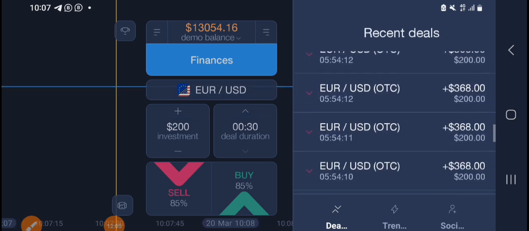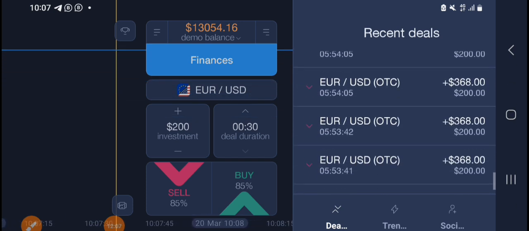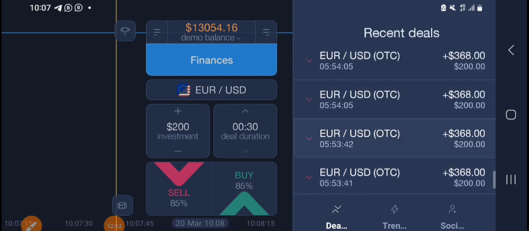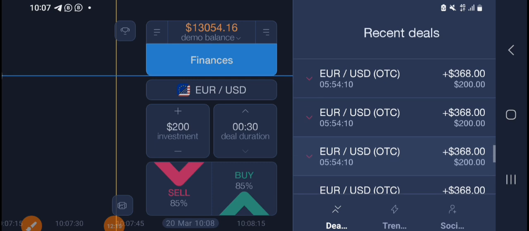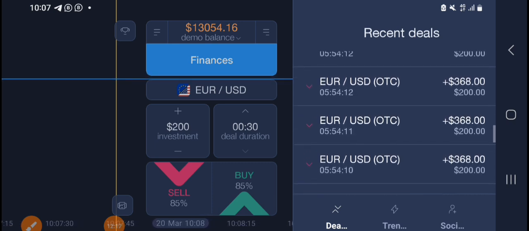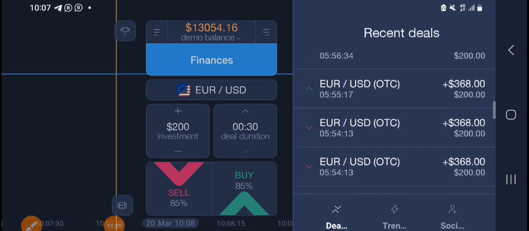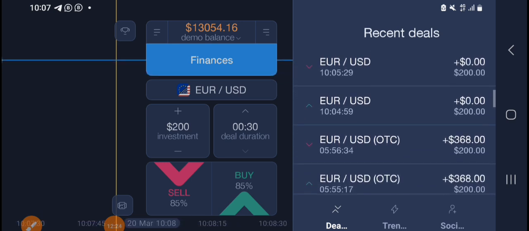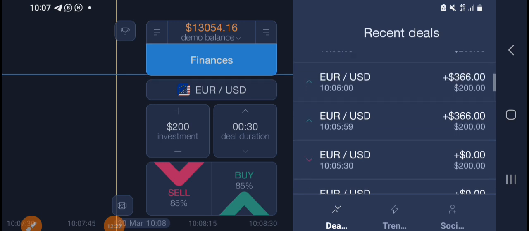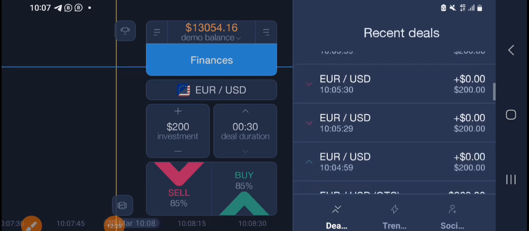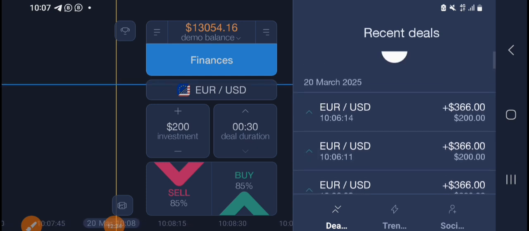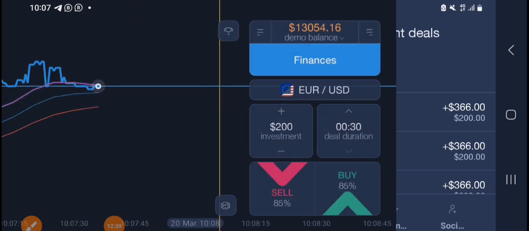You can count them: 1, 2, 3, up to 20. So these are the ones I did this morning. This one right here is the one I started right now, but I made 3 losses, so that's 6 in all. So let's go back to our trading.